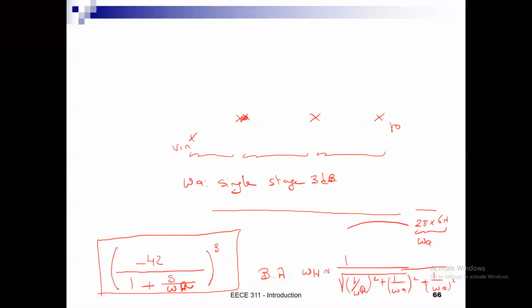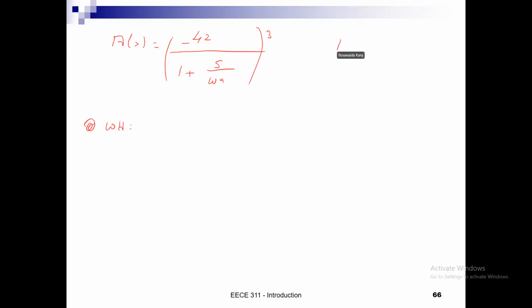So the exact method is going to state that my A of S for the system is equal to minus 42 over 1 plus S over omega A, and this all cubed. Okay, so at omega h, what is the low frequency gain here?